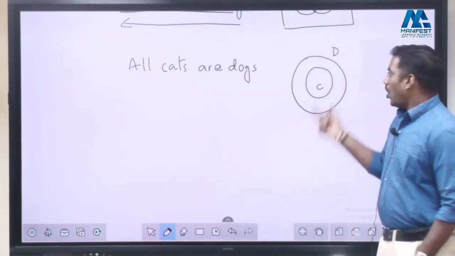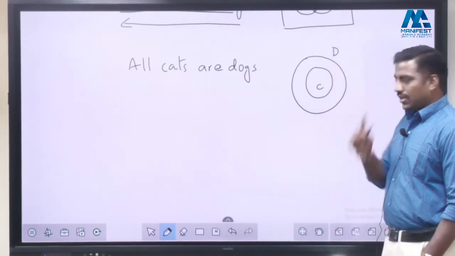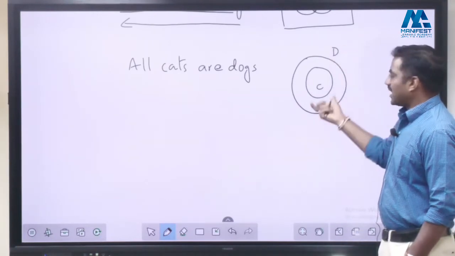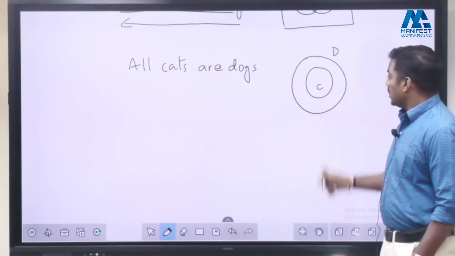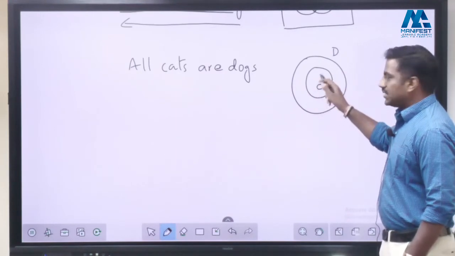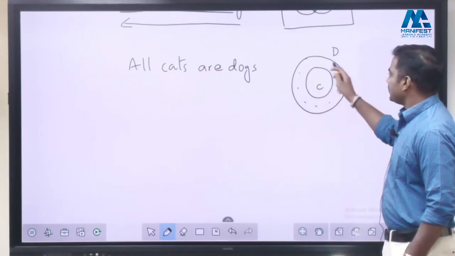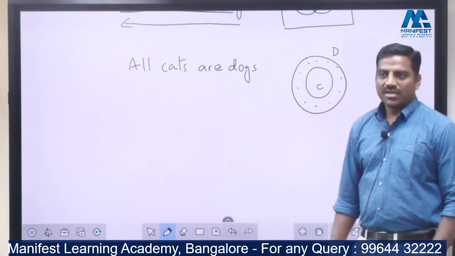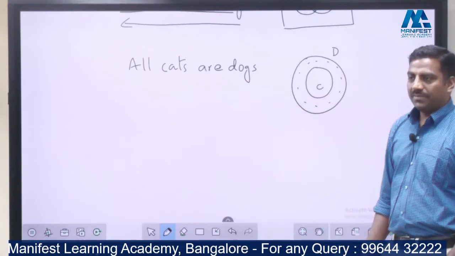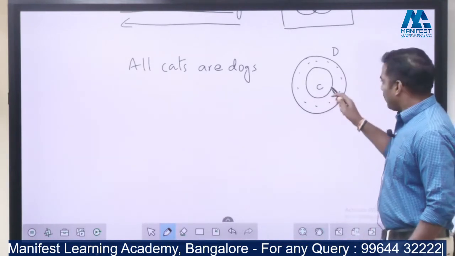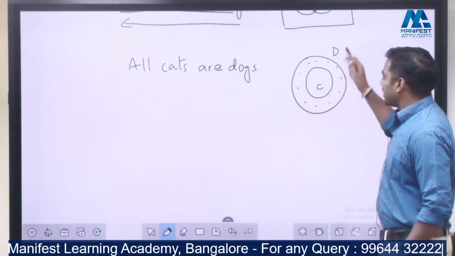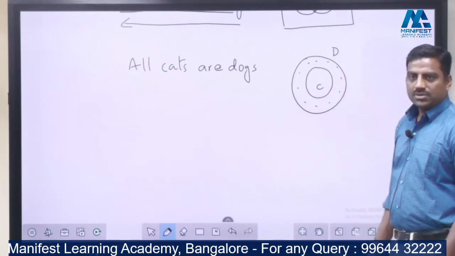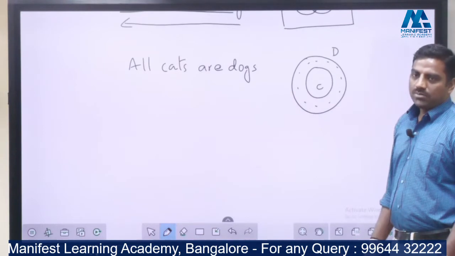Okay? All cats are dogs. Now tell me, when all cats are dogs, all dogs are cats? These dogs are cats, but the outsiders, these dogs are not cats. Now tell me, when I say all cats are dogs, some dogs are cats?